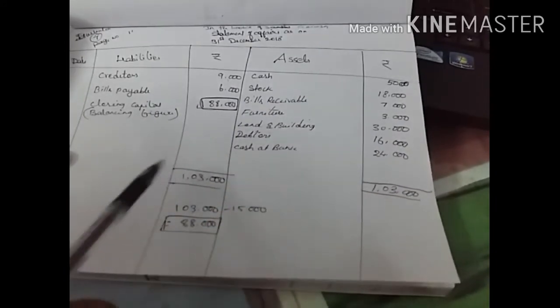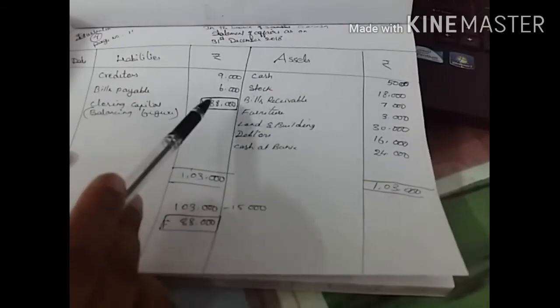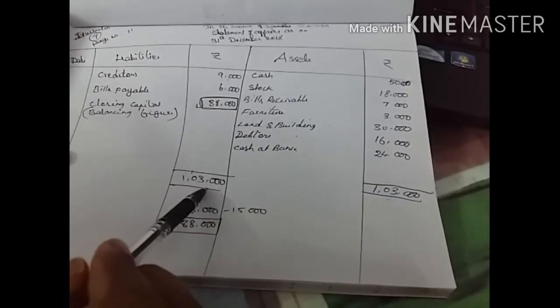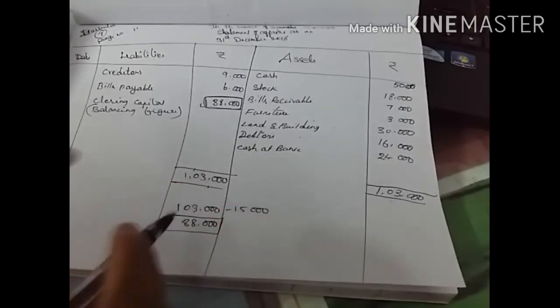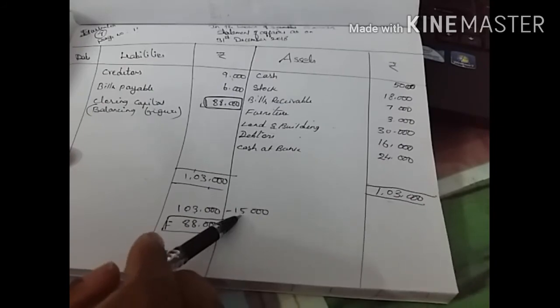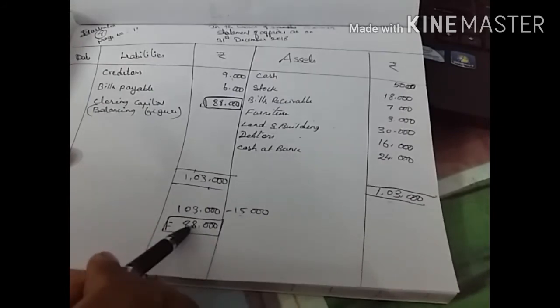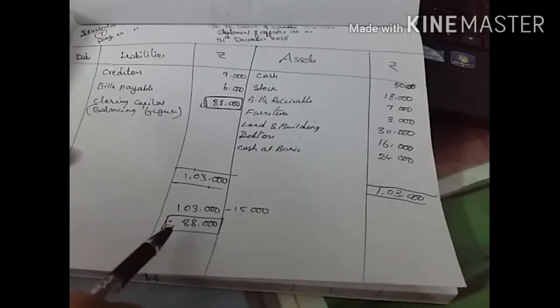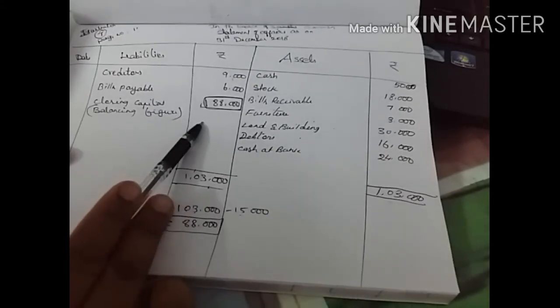So I put the highest value on both sides of the ledger note. Then on both sides you have to put the same parallel line in your ledger note. Then I have to find out the liability side, 15,000. From the highest value I have to minus the lowest value, and I get the answer. This is a balancing figure. This is called the closing capital.